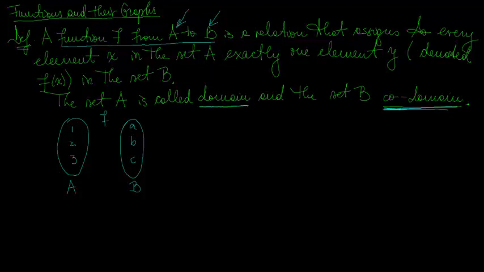And let's say that f is going to assign the x value of 1 to A. It's going to assign the value of 2 to C, and it's going to assign the value of 3 also to C. So, given this example, let's try to understand the definition.